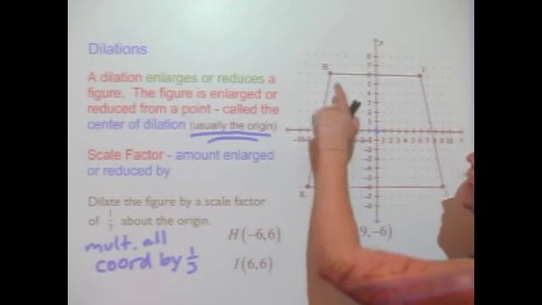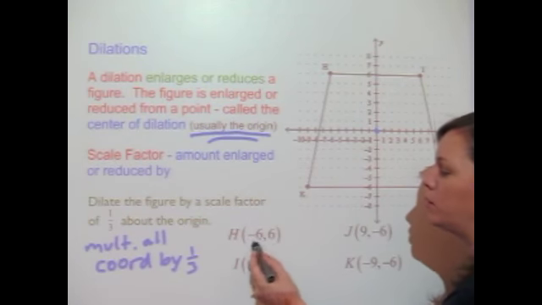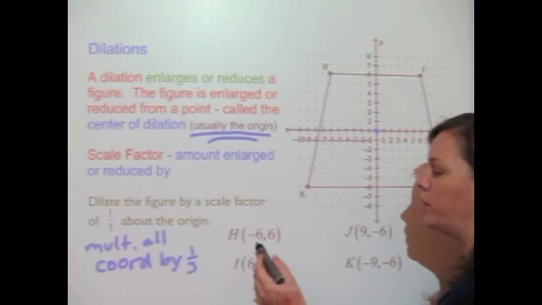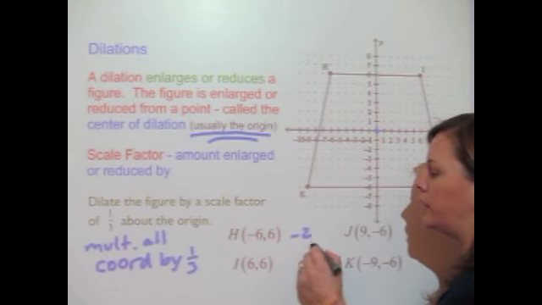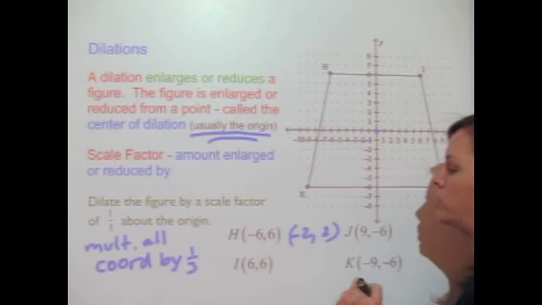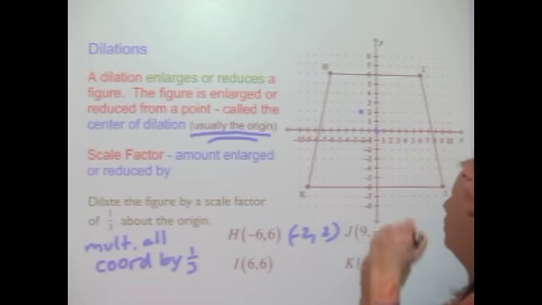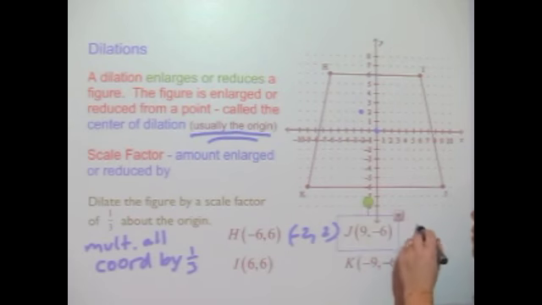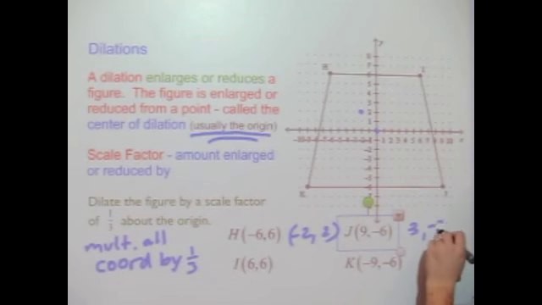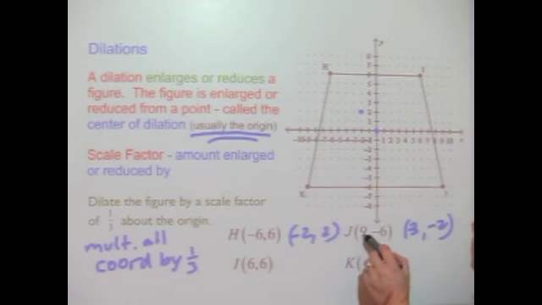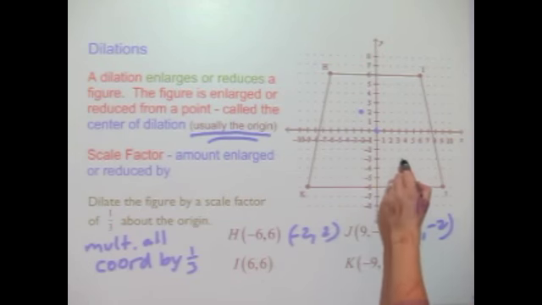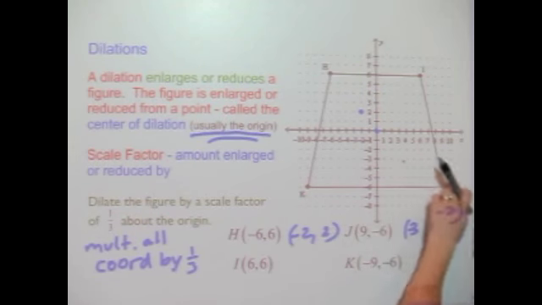So for example, if h is at -6, 6, multiply both those coordinates by 1/3. -6 times 1/3 is -2. 6 times 1/3 is 2. So my new h prime is going to be at -2, 2. My new j, 1/3 of 9 is 3. 1/3 of -6 is -2. So my new j will be at 3, -2, which is not right there.